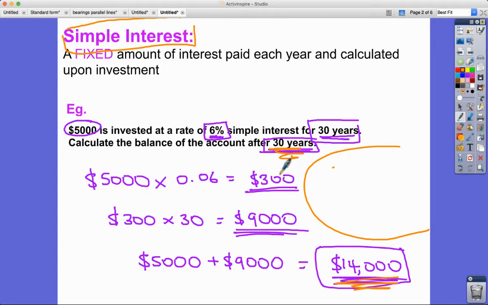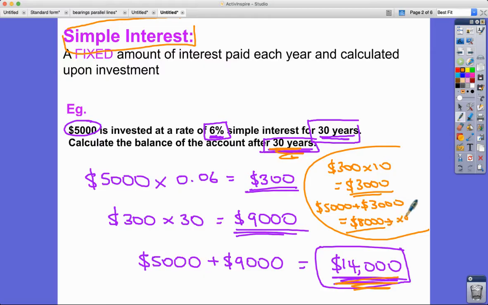If I'm getting $300 for those first 10 years, I've got an extra $3,000 in my account on top of the $5,000, so after 10 years I'd have $8,000. If I did that times 0.06, I'd be getting $480 per year instead of $300. So you can see that it's a massive rip-off.